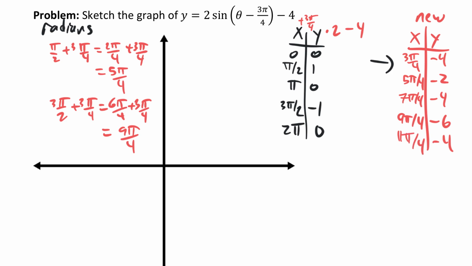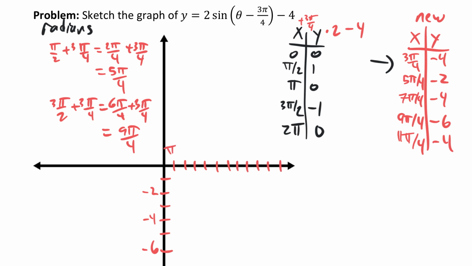All right, so we got to plot these on the graph. We've got 1, 2, 3, 4, 5, 6. So -2, -4, -6. The x values are a little tricky here. We've kind of got like pi by 4s. So if you were to do it, you could make 11 tick marks, each a pi by 4. So 1, 2, 3, 4, 5, 6, 7, 8, 9, 10, 11.